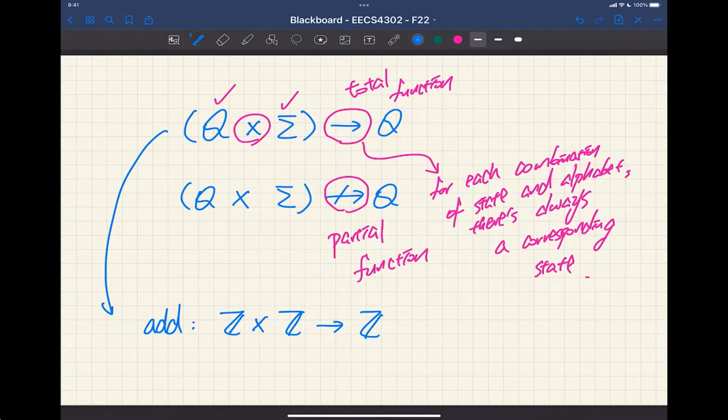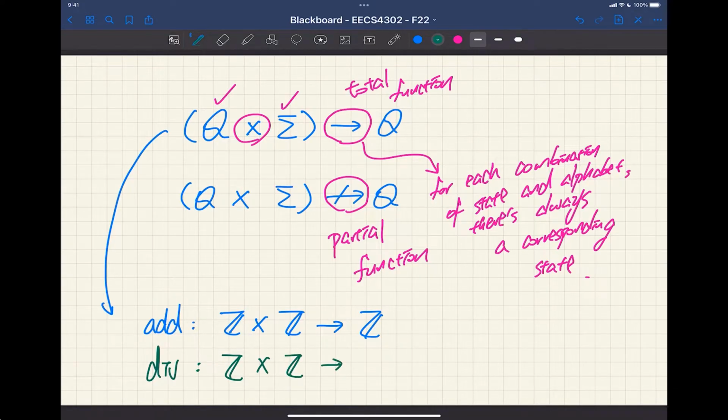Accordingly, can you think of any example that will be a partial function? Arithmetic operation. Which arithmetic operation may be undefined on its result? Absolutely. If you do division here, you still get input, integer, integer.